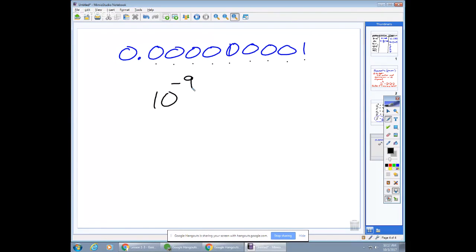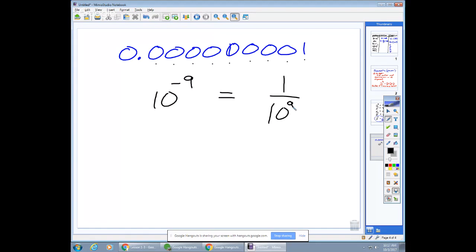All right. So now I'm going to apply rules of exponents to figure that out. What does a negative exponent really mean? Flip the base. So this expression is really 1 over 10 to the 9th power. So just think about this for a second. 10 squared equals what? 100, right? A 1 with 2 zeros.